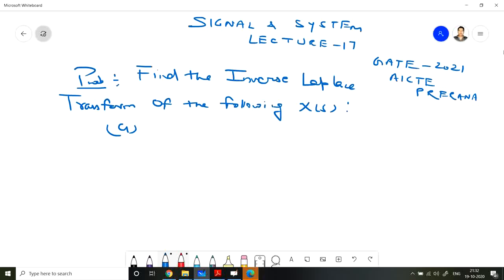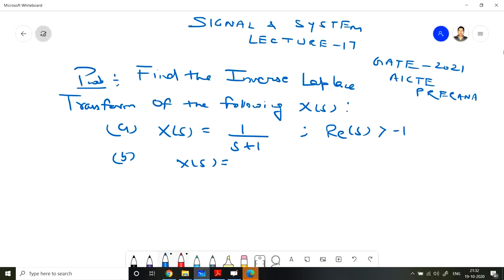The first part is the Laplace transform X(s) = 1/(s+1), and the real part of s is greater than minus 1. The second part is X(s) = 1/(s+1) and the real part of s is less than minus 1.